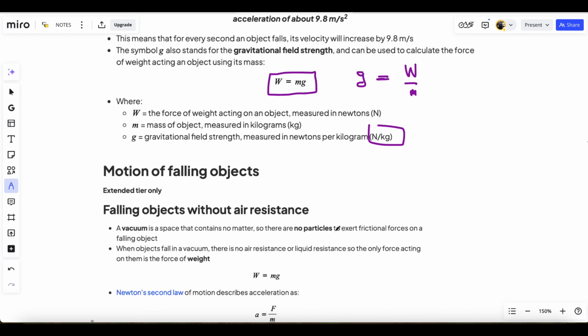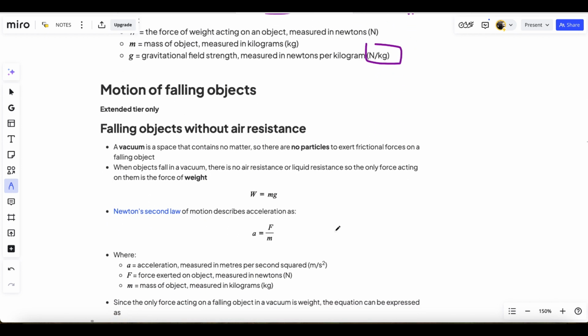Now let's take a look at the motion of a falling object, as it were. For motion of a falling object, a vacuum is a space that contains no matter. There's no matter in it, so there are no particles to exert frictional forces on the falling object. So if you are beyond the Earth's atmosphere, there are no particles to exert frictional force on you, and so you're weightless.